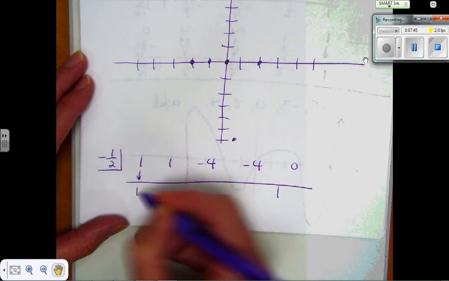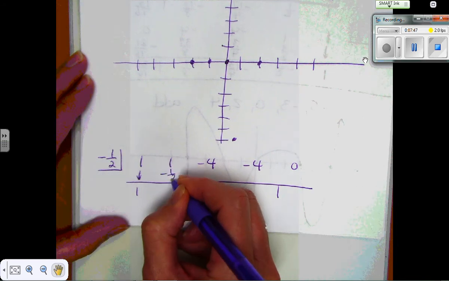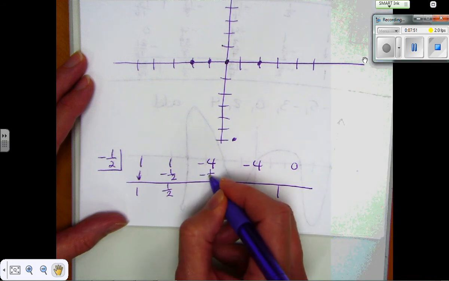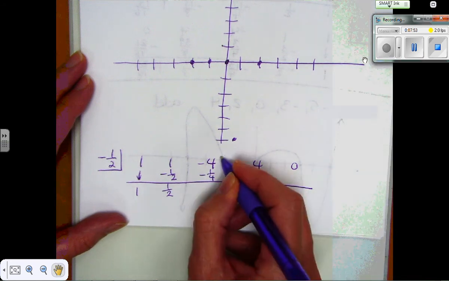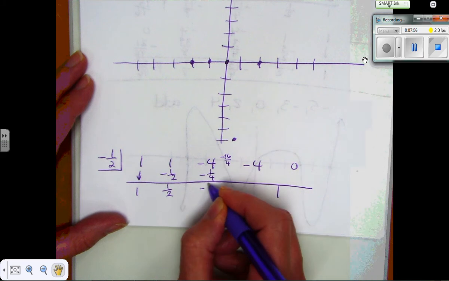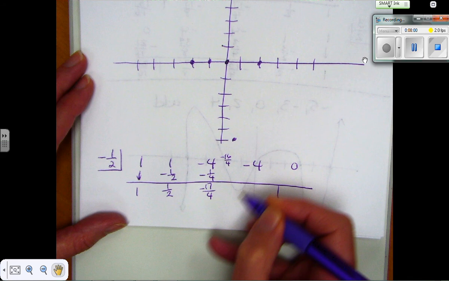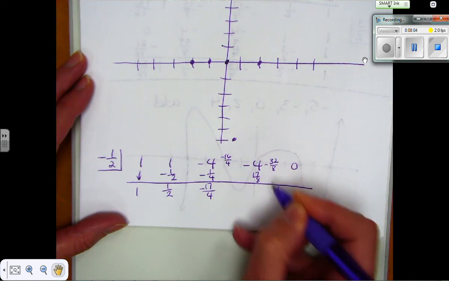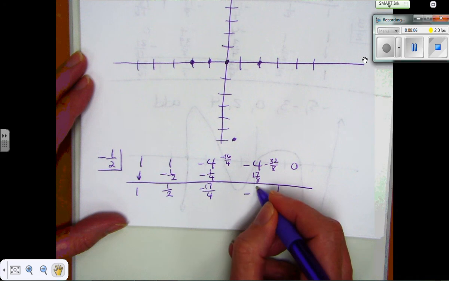So we bring down the first term, that's -1/2, add those two. -17/4. That's -15/8.